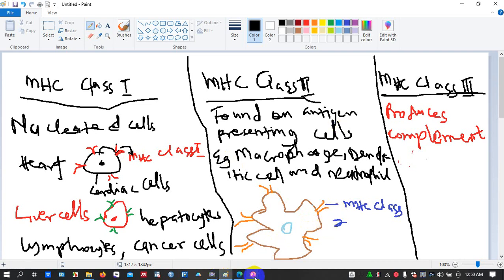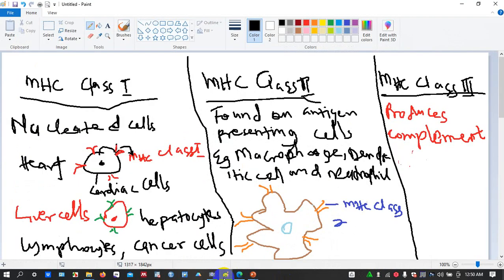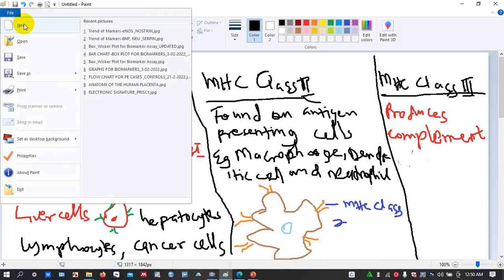Okay, so let's go. The major function of class 1 gene product is presenting peptide antigens to cytotoxic T lymphocytes. So let's see what work class 1 is doing.